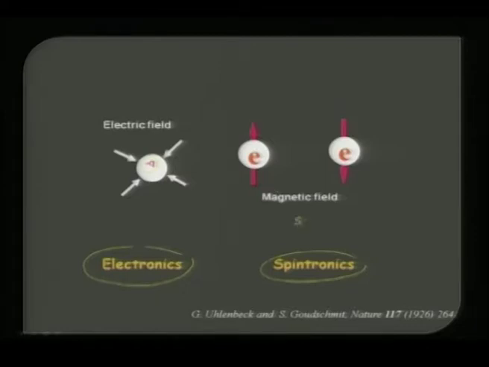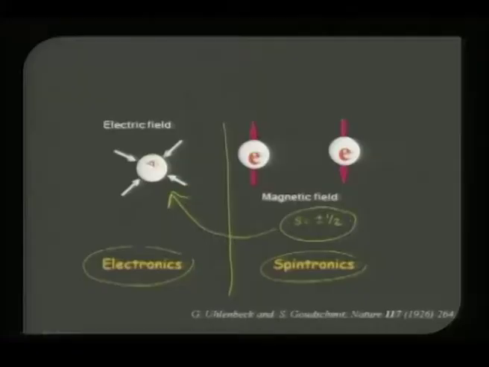Electron has spin either plus half or minus half, and this spin can control the charge of the electron. So far the spin part has been forgotten. The electronics industry has exploited the number of charge carriers, but never bothered about controlling the charges or the mobility of electrons with respect to spin.